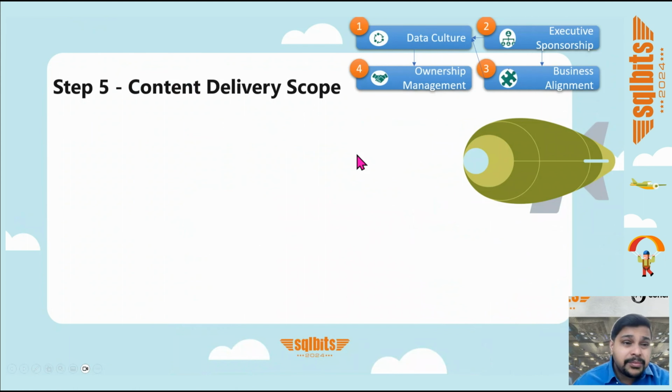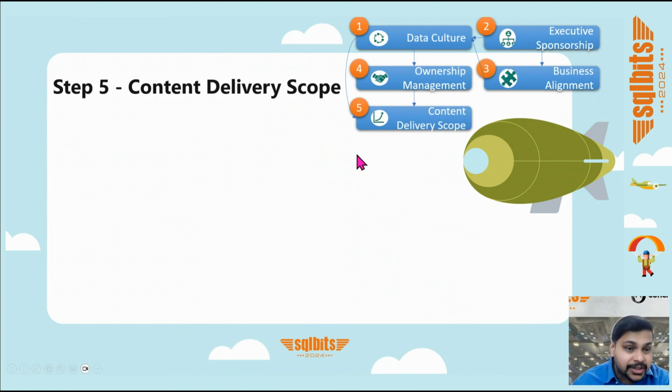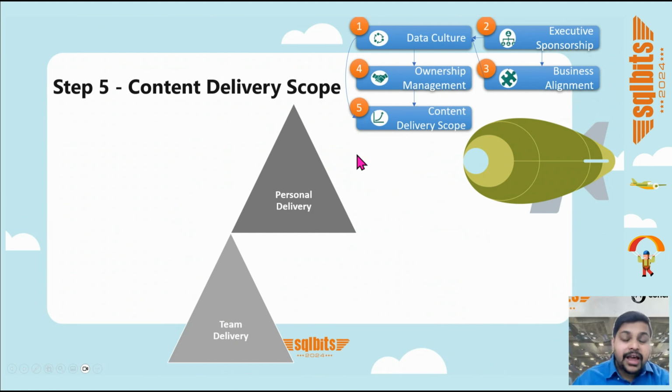Now, the fifth step is content delivery scope. Now, you can see on the content delivery scope, we have a personal delivery. As an individual, what you are delivering for that specific technology. Then you have a team delivery, where as a team you are delivering a specific thing. Let's say you have to extract five different sources, and you have to extract 100 tables from each source, right?